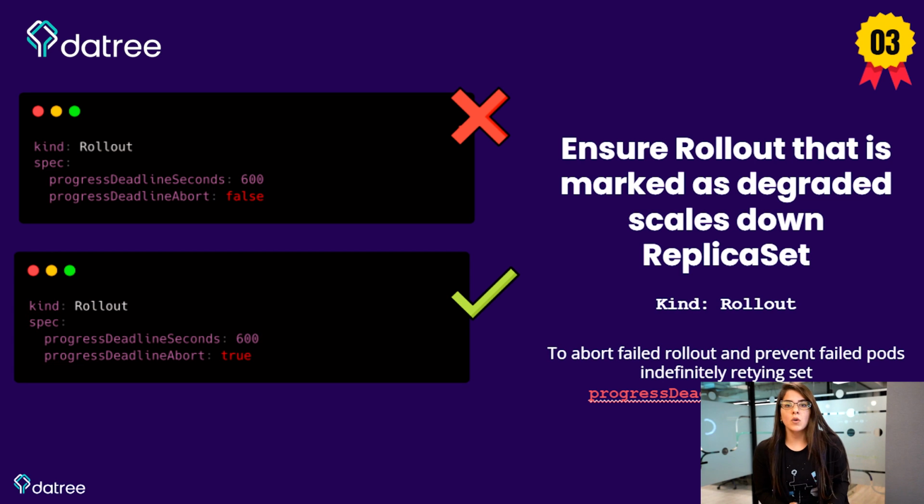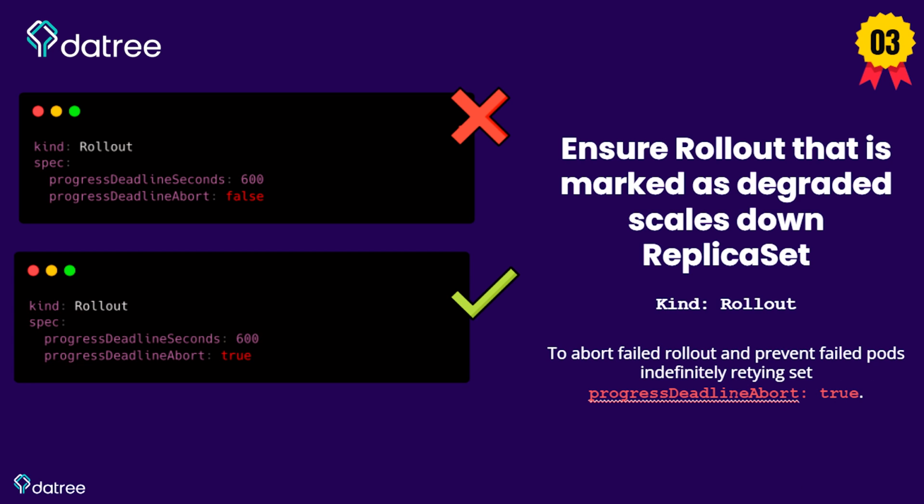If for any reason one of the pods gets stuck in an error state, for instance, it will back off, then the rollout will be deprecated, but the bad pods, the bad replica sets, won't be scaled down, and therefore it will keep retrying. To avoid this, you need to abort the rollout, and to make sure that you can do so, you need to set progressDeadlineAbort to true.